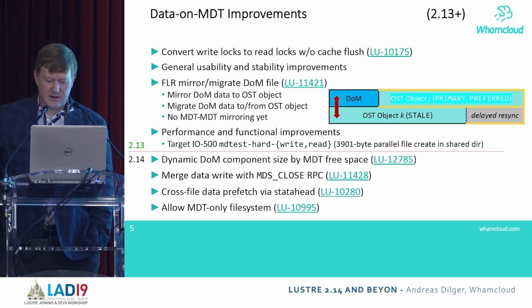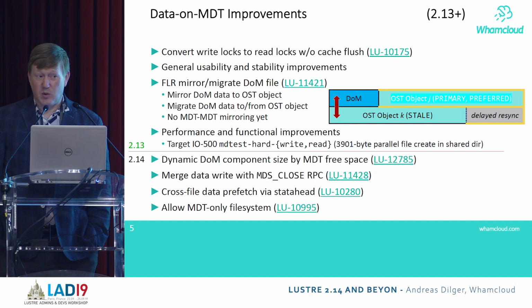And one of the improvements that was included in 2.13 is the ability to migrate to and from data on MDT files. In 2.12, it was possible to, I believe, remove a data on MDT component, but you couldn't migrate a file into data on MDT.